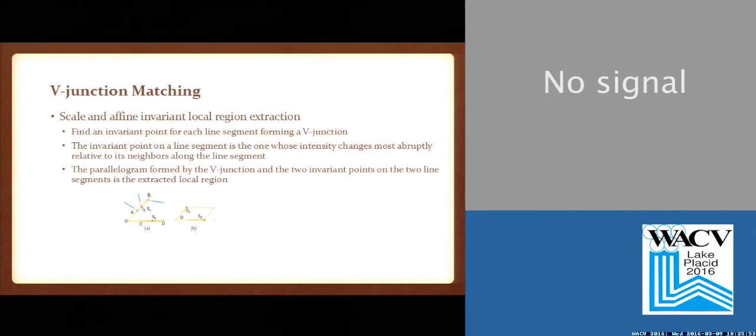To solve the first problem, we propose to extract for each V junction a scale and affine invariant local region. We find an invariant point for each line segment forming a V junction. The invariant point on a line segment is one whose intensity changes most abruptly relative to its neighbors along the line segment.